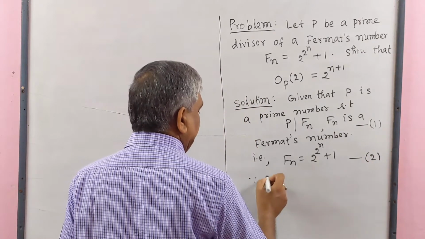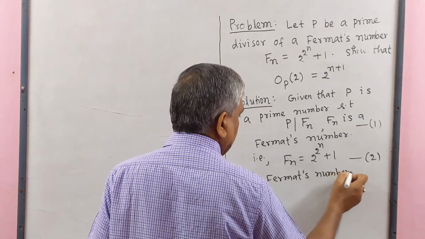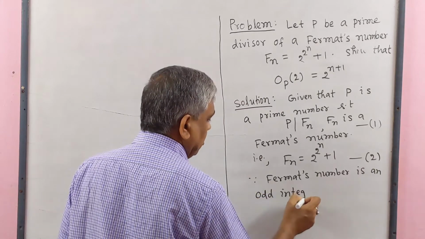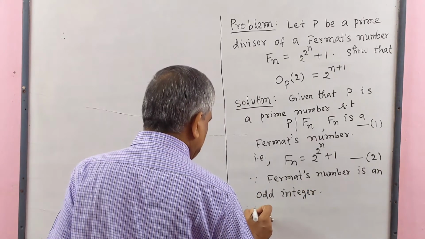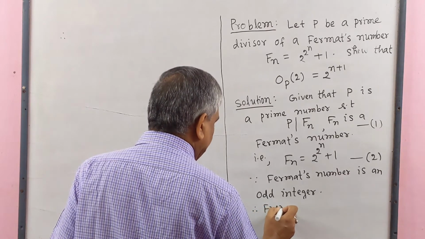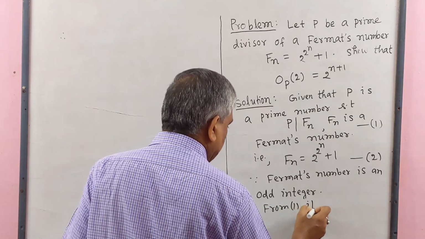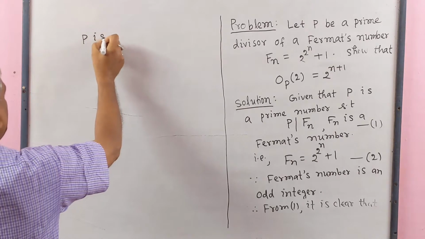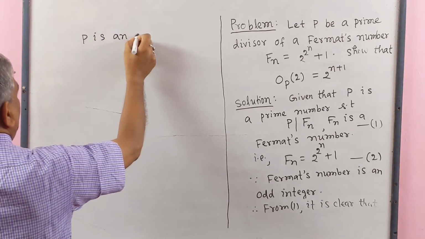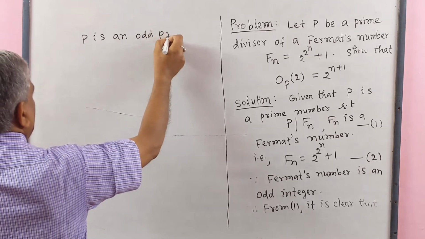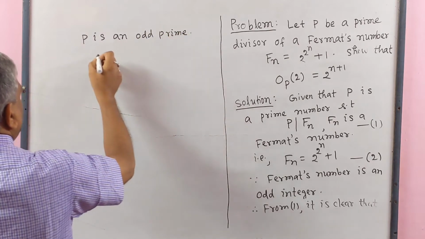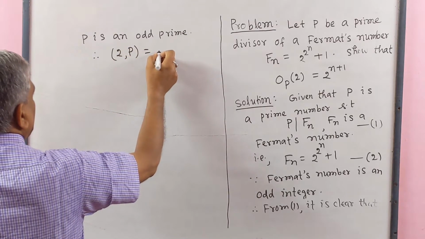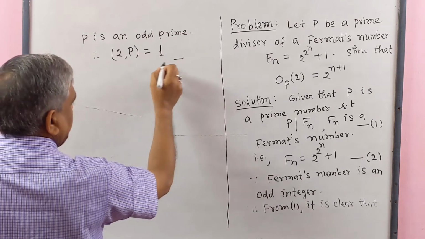Since Fermat's number is an odd integer, therefore from 1 it is clear that P is an odd prime. Therefore, GCD of 2 and P equal to 1. This is number 3.